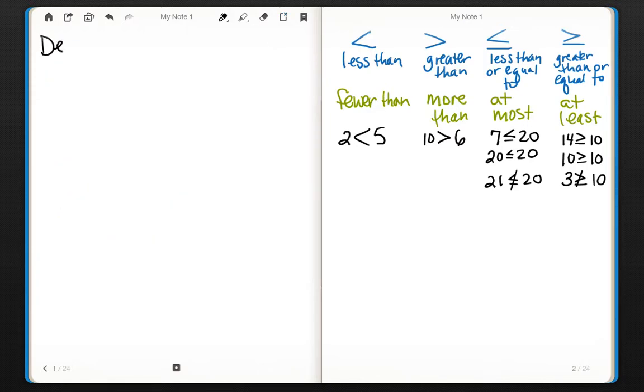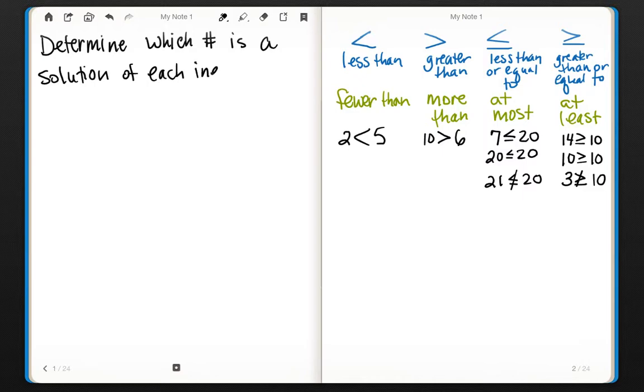Determine which number is a solution of each inequality. So they will give you an inequality statement. It's going to have a variable in it.